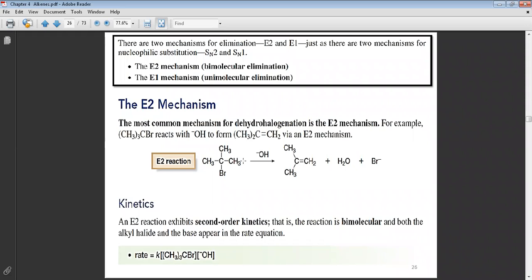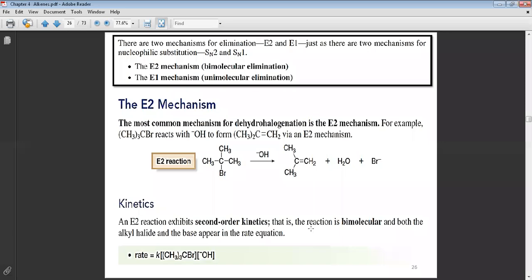And we said, if we talk about the rate, this is fast, this is slow. That means we talk about kinetics, الحركية. And the E2 reaction has second order kinetics. We saw that.